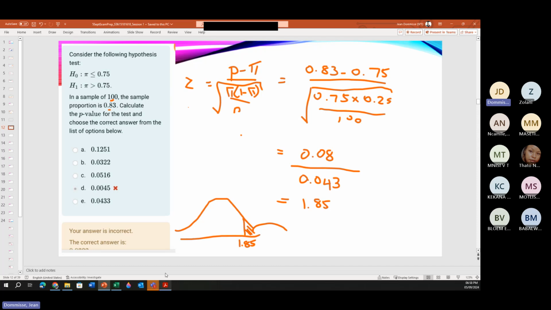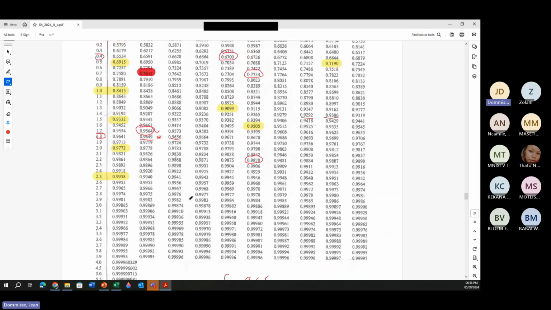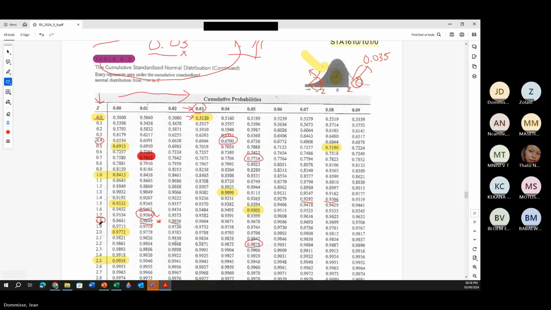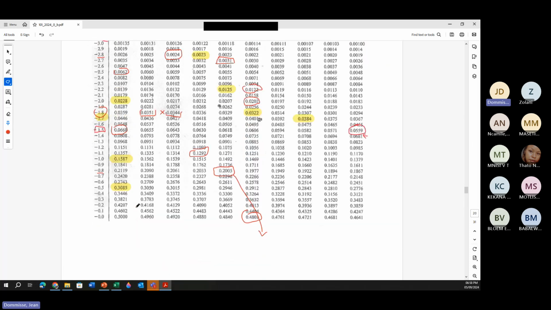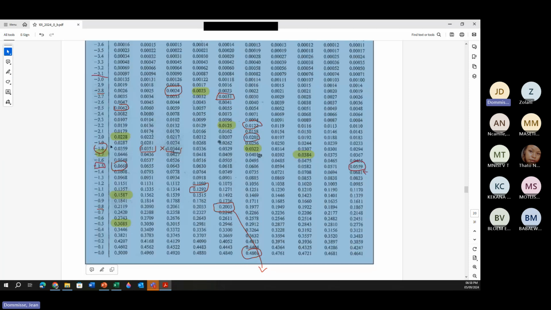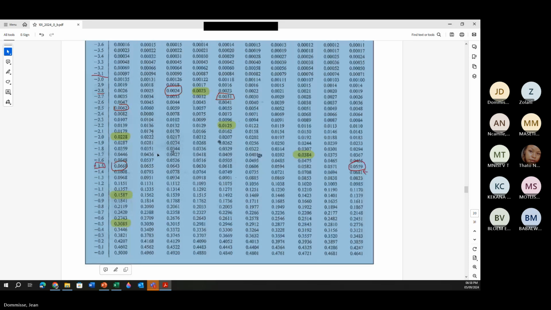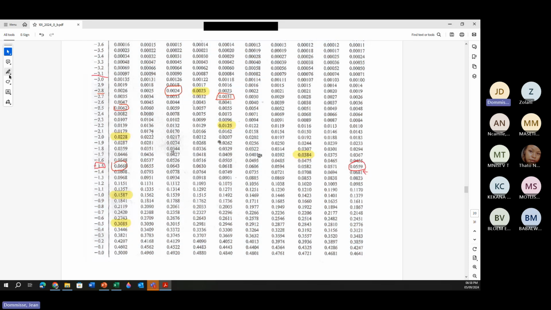Again, I can look at the negative, so let's quickly check. Okay, minus 1.85.